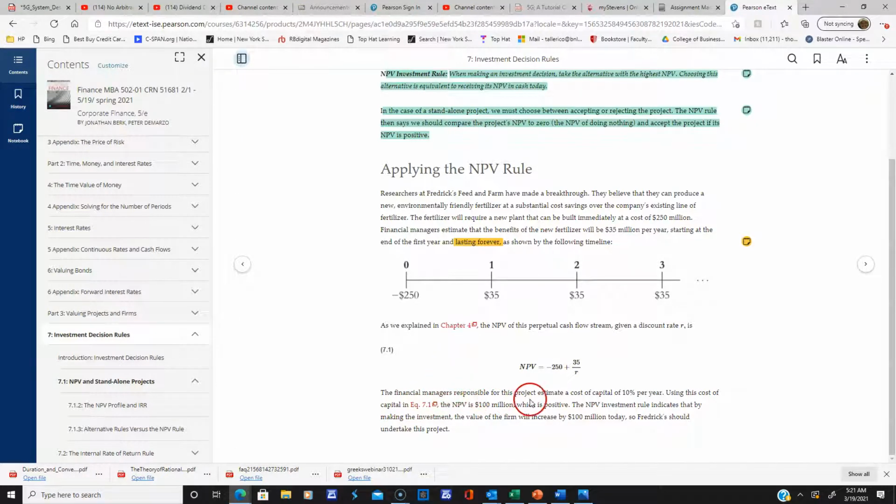Here it is, sorry, it's 10%. So you put a 10% there, and that will give you the net present value, which will increase by 100 million today. Obviously, 350 positive minus 250 is 100 million.